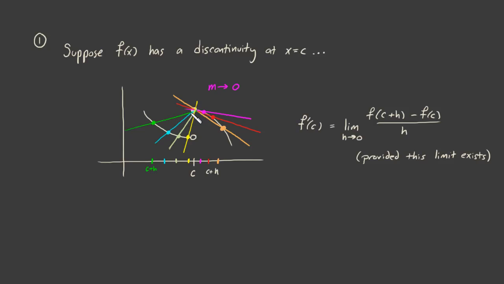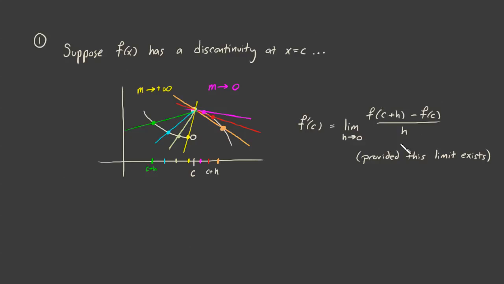This is a steeper positive slope. This is a steeper still positive slope. So we would expect a fairly large positive number there. This would be a really large positive number, and in the limit we would expect this thing to fly off to infinity on the left. The slopes we see are doing this.